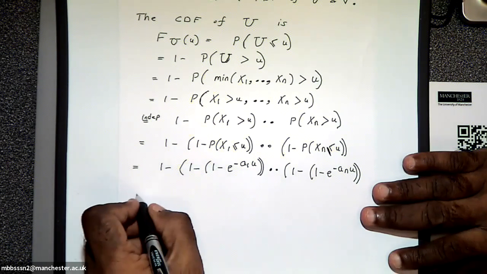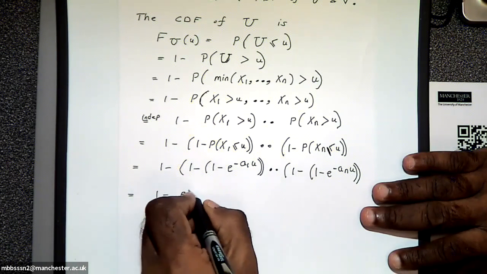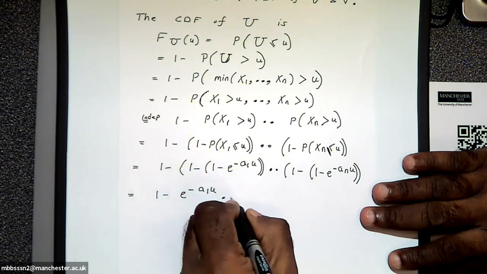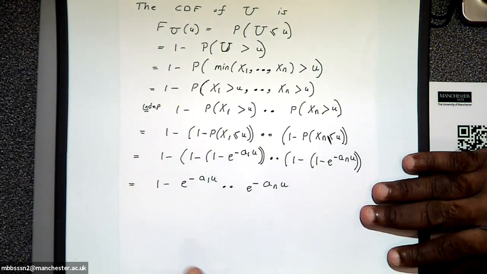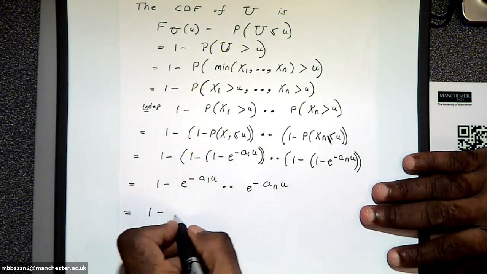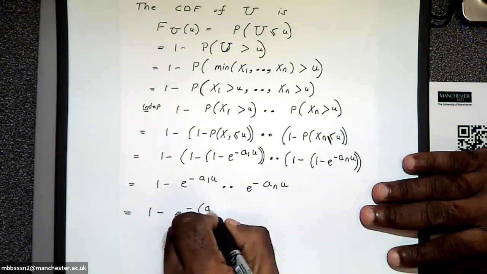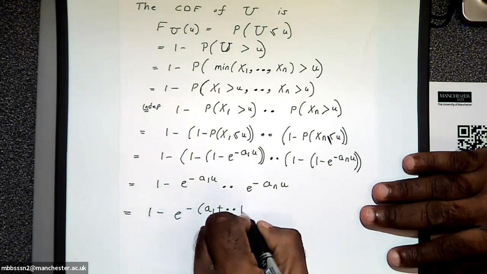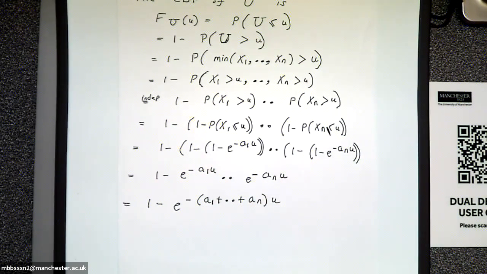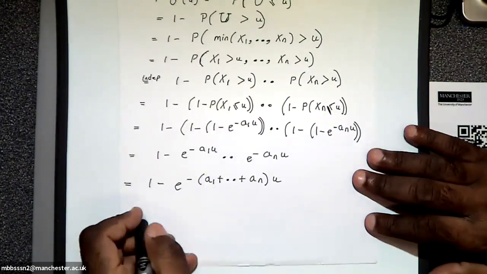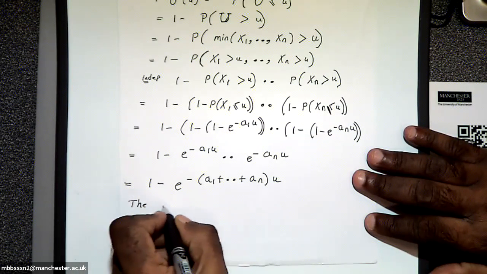The ones cancel, so this becomes 1 minus e to the minus a1u up to e to the minus anu. So this is saying that this is 1 minus e to the minus (a1 summed up to an) times u. All right, so that's the CDF of the minimum portfolio loss.